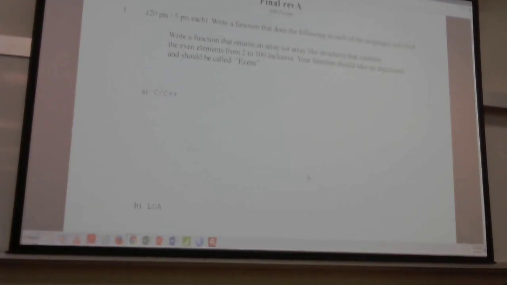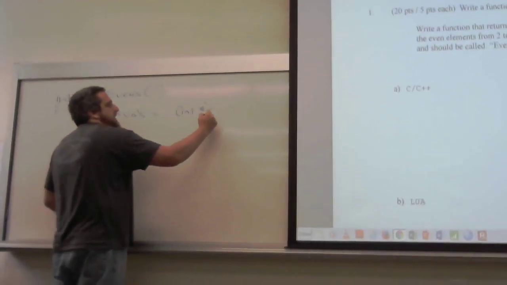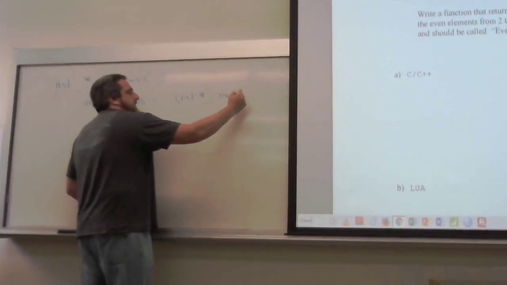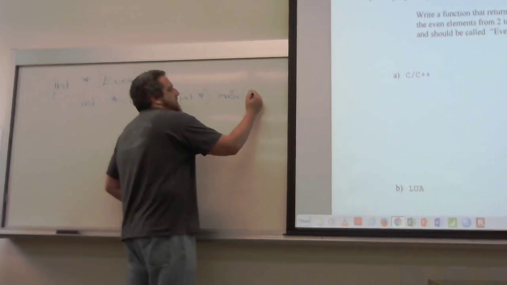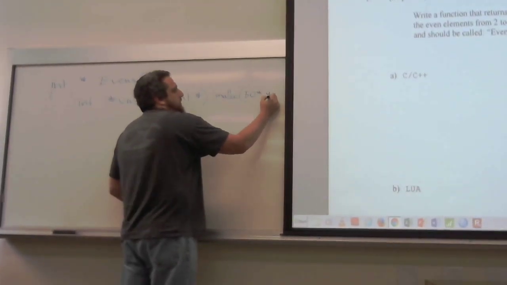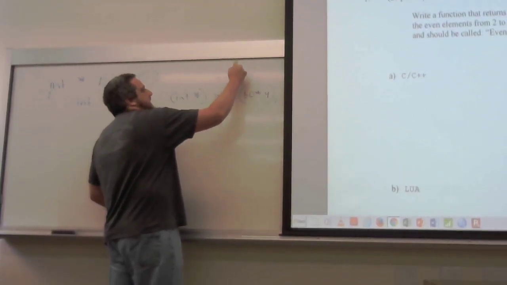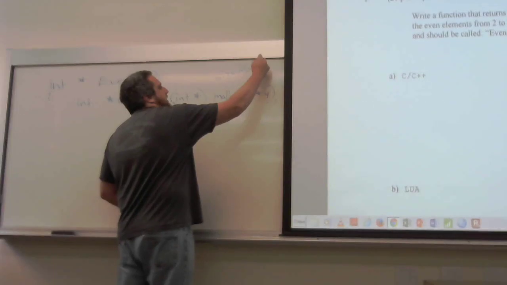You're going to have your int star vals, and then I'm going to typecast this as an int star. I'm going to malloc some space. The amount of space I'm going to malloc is going to be 50 times the size of an int, which is 4 in this case, and I just ran out of space, but that is going to be sizeof int, like so, inside of that.